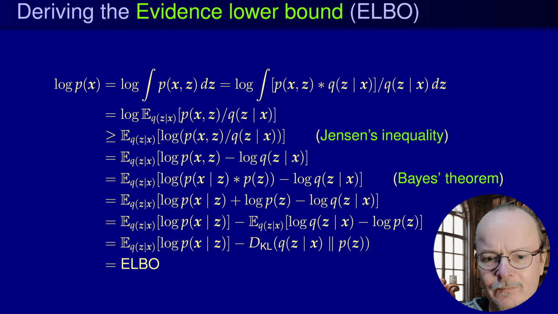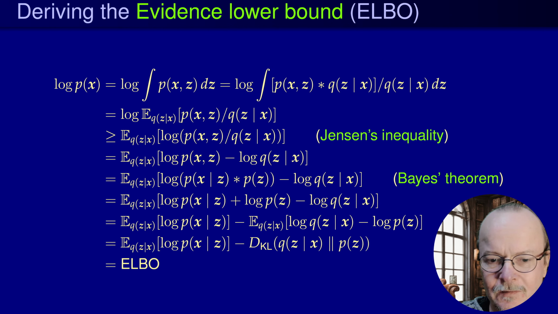Next, we simply apply the properties of logarithms and transform the division to a subtraction. This step helps in breaking down the problem into components that can be treated separately. I hope you all know Bayes' theorem.